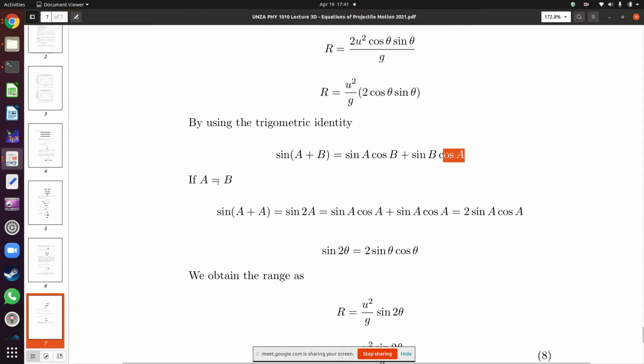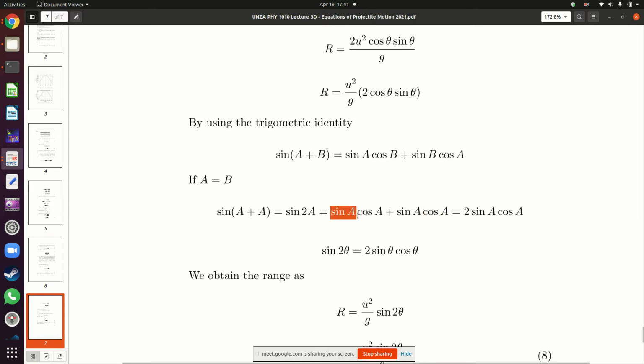Now if we make a equal to b, then we have sin(a plus a), which is the same as sin 2a. This is going to be equal to sin a cos a plus sin a cos a, where there's b, we put a. And this is going to be the same.